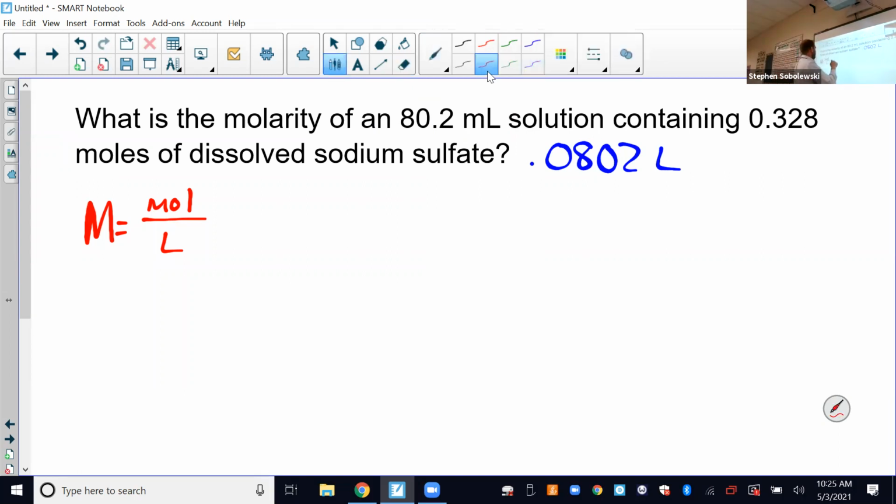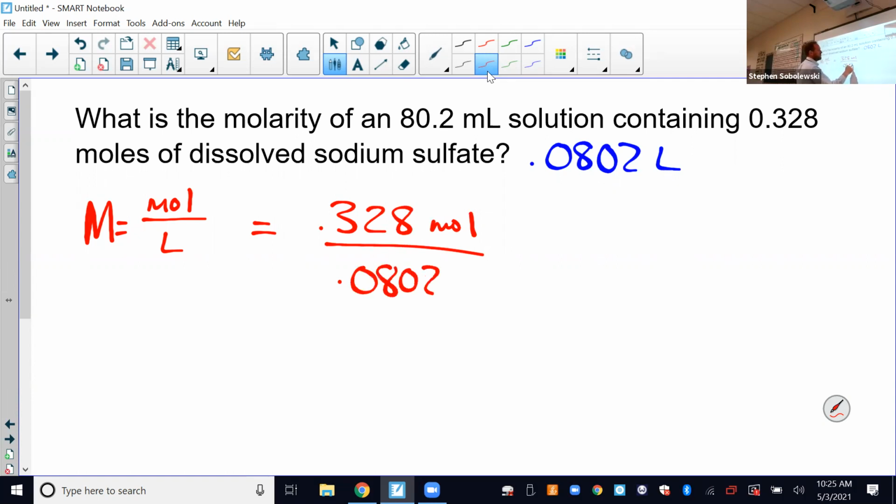So it's very simple. Molarity equals moles per liters, which in this case is 0.328 moles divided by 0.0802 liters. This is going to be a really concentrated solution. 0.328 divided by 0.0802 gives us, that's not too bad, 4.089, we'll call it 4.09 molar.